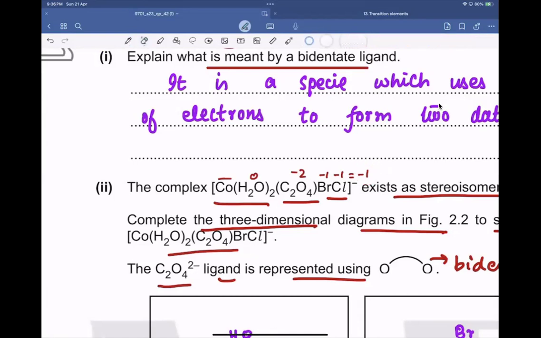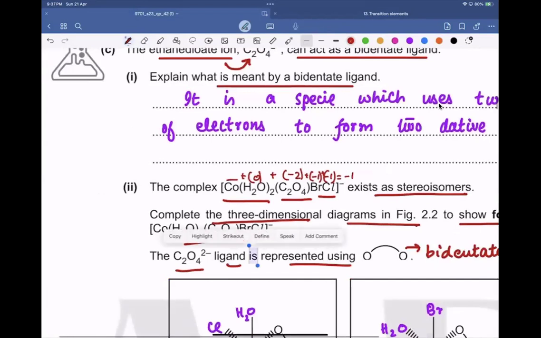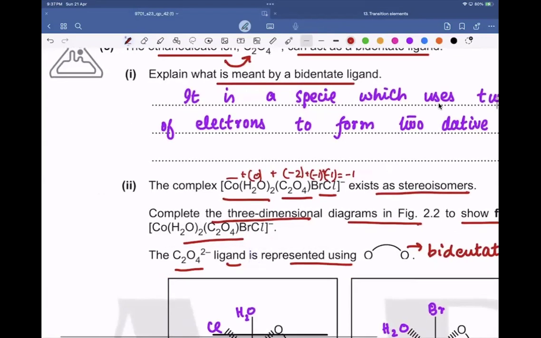Can anyone tell me the oxidation number on cobalt? Yes, Mariam, can you tell me? Yes, Bahish, Ahmed, Nuria, anyone?